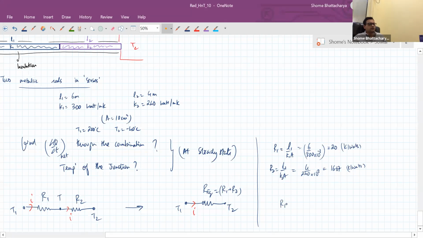Okay, so R equivalent. So the heat current.